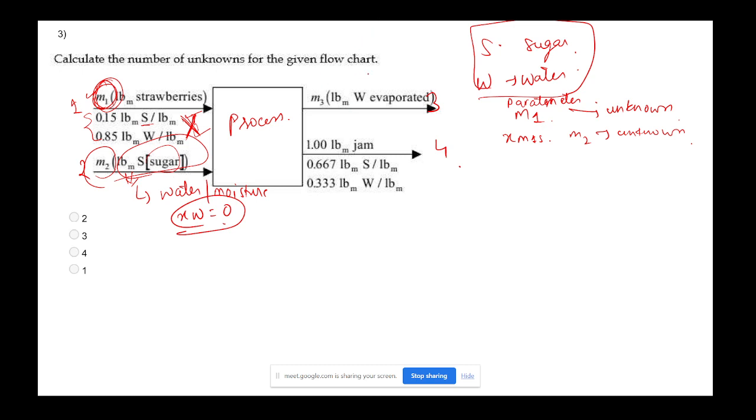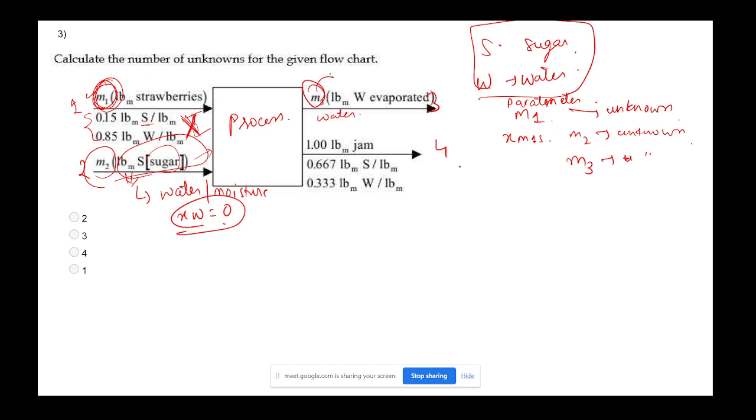Next is the product stream. One is water which is evaporated and another is jam. So now M3 is water which is evaporated. Now you can say that sugar is a solute, so it is never evaporated. So for stream M3, obviously the mass M3 is unknown to you, but the composition is known to you, obviously, because it is completely composed of water.